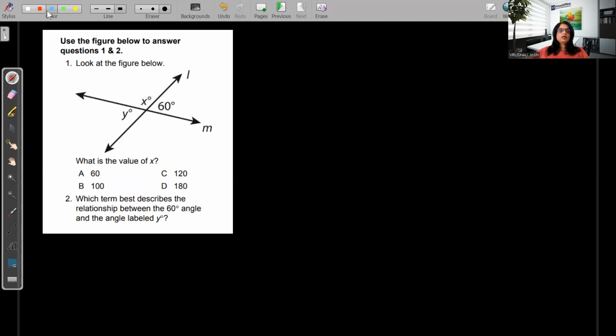Now, you can check that this angle plus this angle, they form a linear pair, correct? So can we say that X plus 60 is equal to 180? Why do we say this? We say this because they form a linear pair.